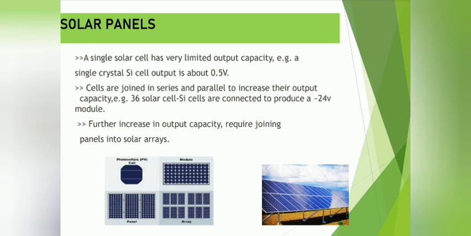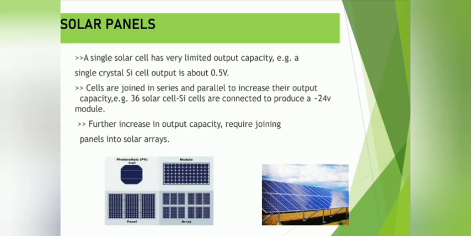So cells are joined in series and parallel to increase their output capacity and efficiency and to get maximum output, so that we can use it in our homes, in research areas, or in colleges, where nowadays they use sunlight for the conversion of solar energy to electricity. For this we join the silicon cells in series and parallel order to increase the output capacity.